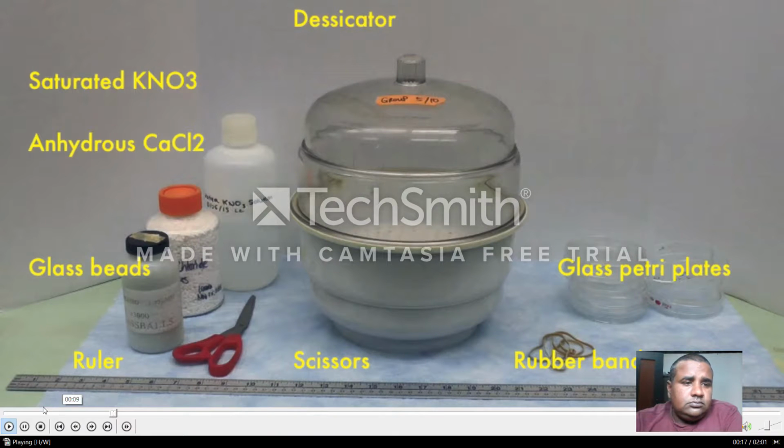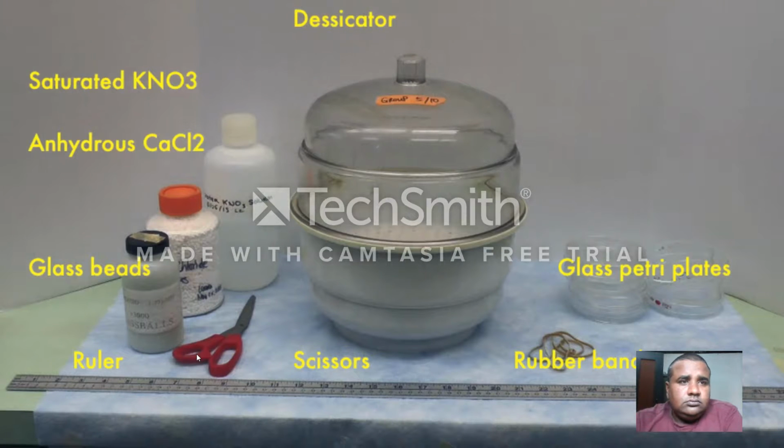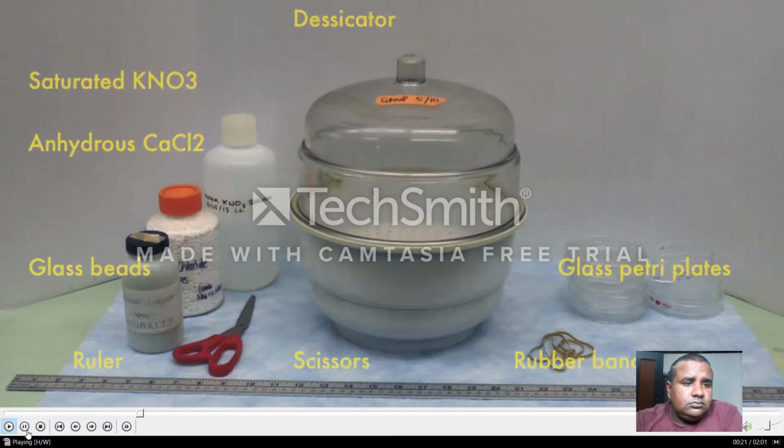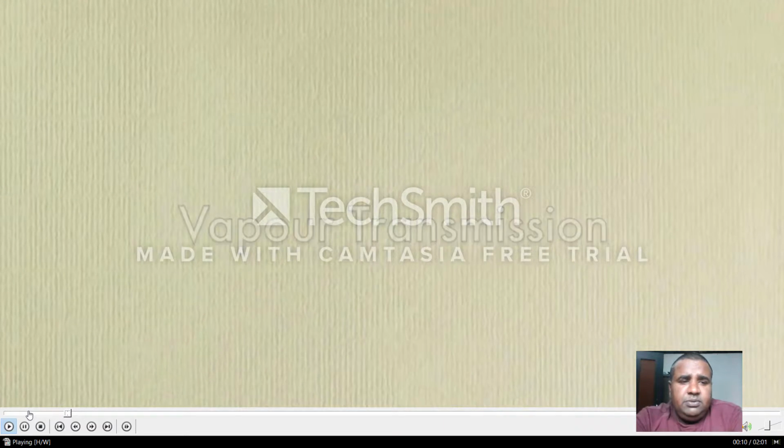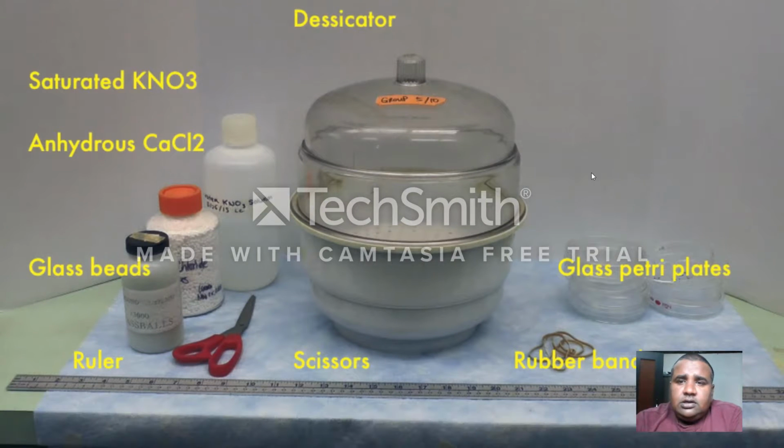Packaging materials. Here is the equipment you will need. Vapor transmissions. How will you determine the vapor transmissions? Let me brief you. This video will demonstrate a very simple procedure in which there is a glass petri plate. In this glass petri plate, we will take this material, and these are the adsorbent basically, you can say.